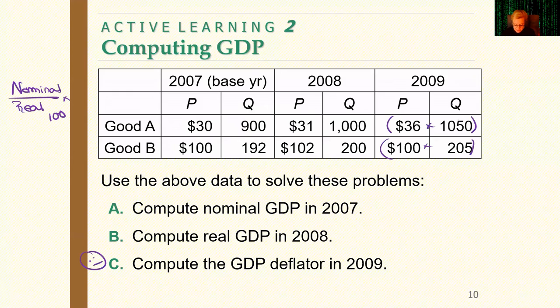So we get 36 times 1050, how about 37,800, plus 20,500, about 58,300, and that's our nominal.